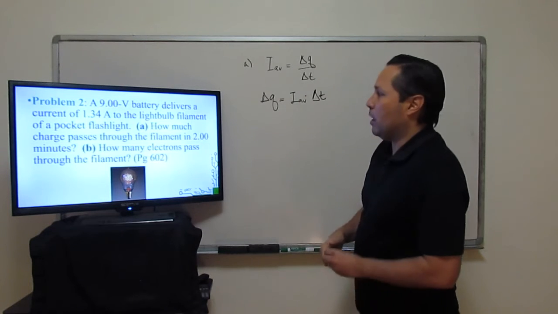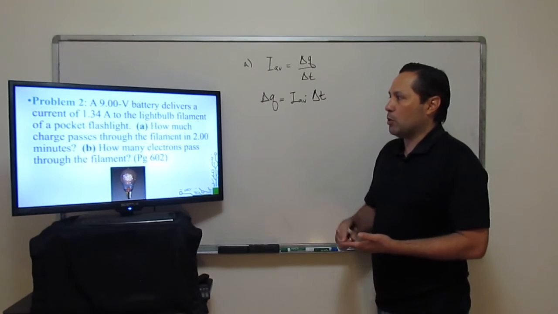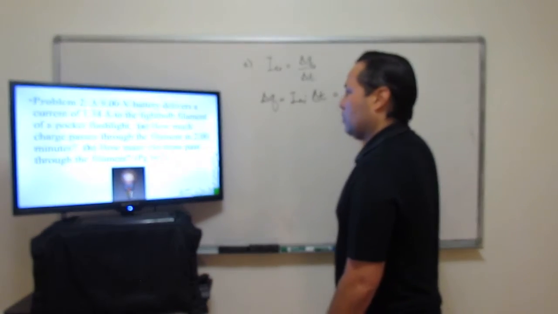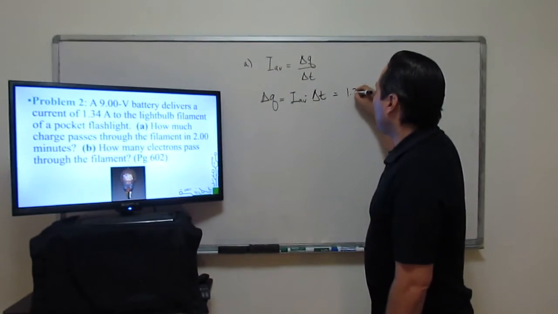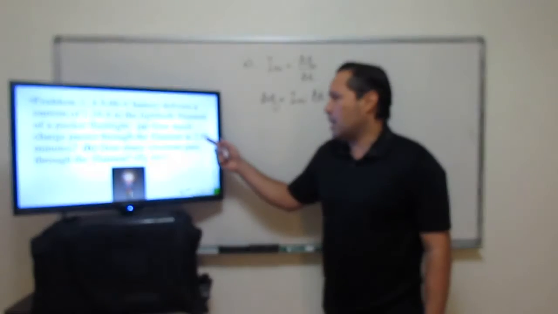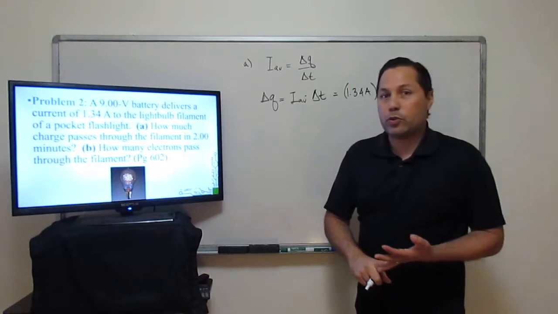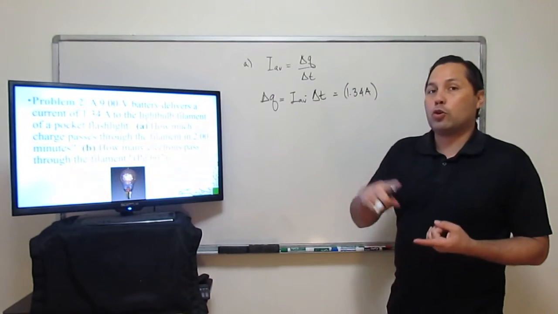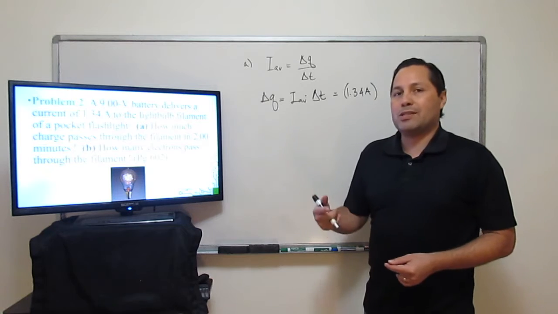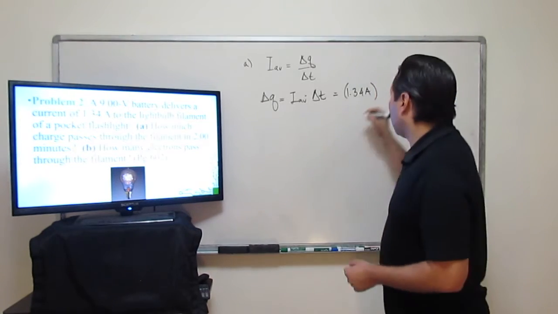That's going to be our answer for part A. So how much charge passes is the current times the time. Now let's plug those in. It is 1.34 amperes multiplied by the time, which is 2 minutes. Remember that the ampere is coulombs per second, so we actually need seconds. 2 minutes is equivalent to 120 seconds.